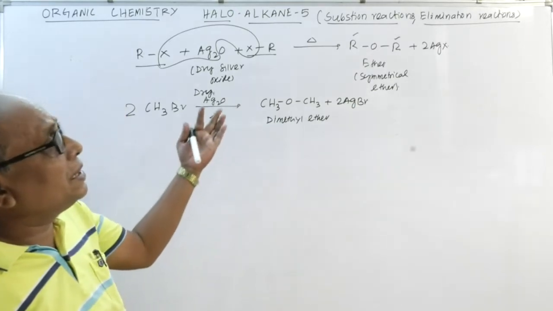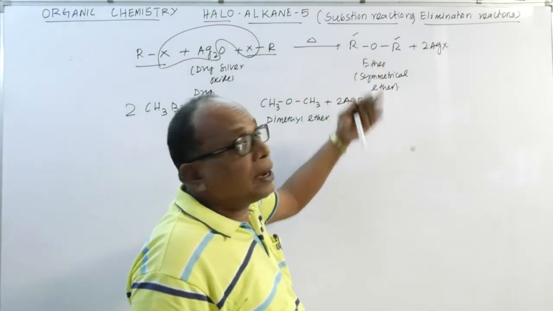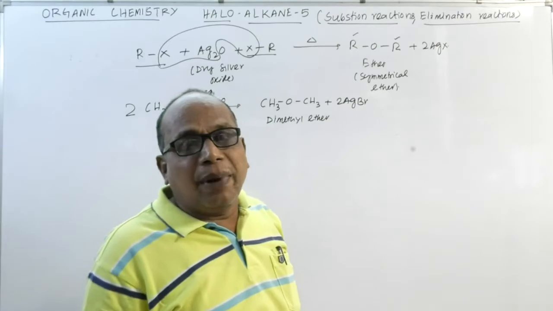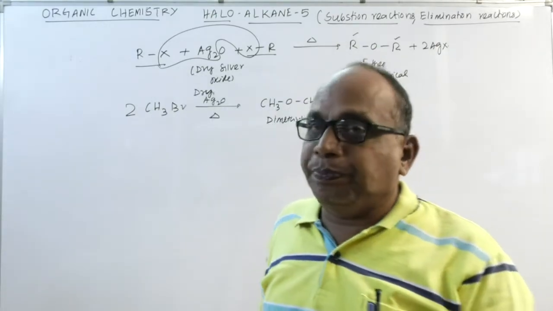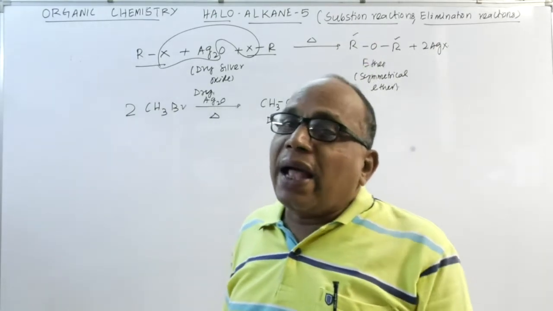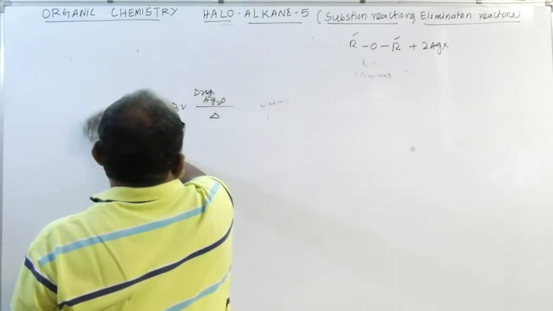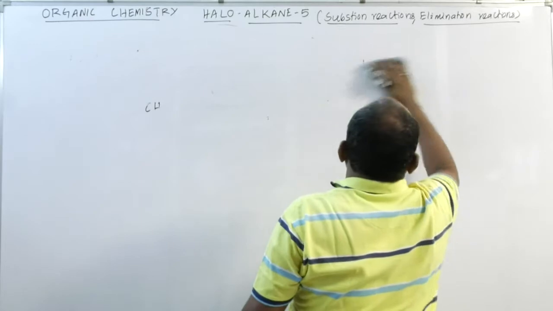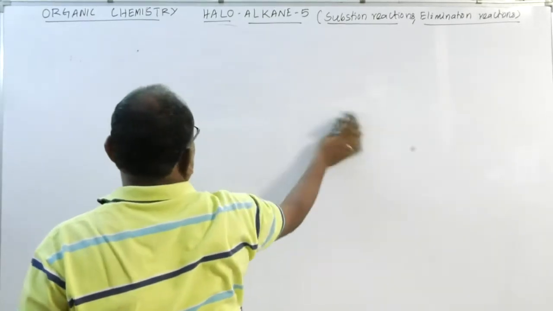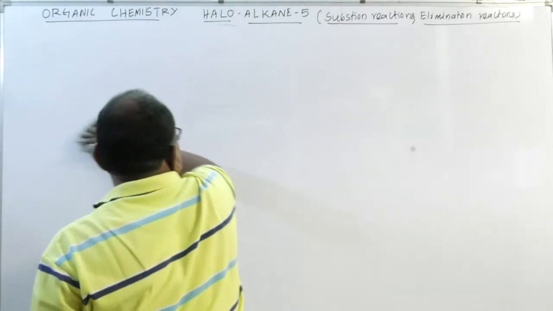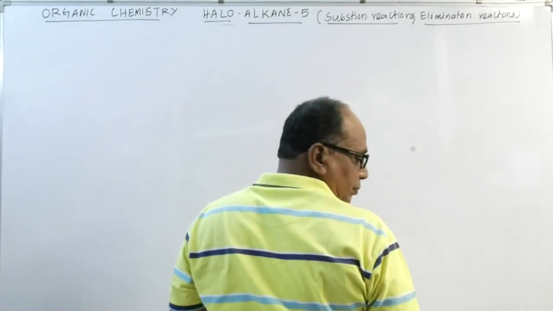And symmetrical ether can also be prepared from alkyl halide by heating with dry silver oxide. Okay students, next we come to reaction with ammonia.